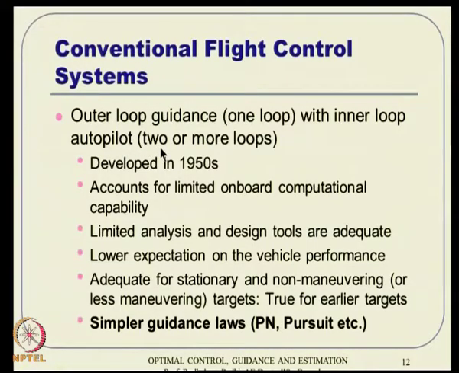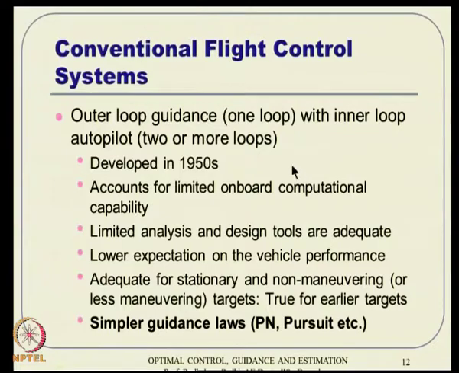Two loops means the guidance loop gives lateral acceleration commands, and then the inner loop autopilot first converts that to body rates, namely pitch and yaw rates, and that is one loop. Then it tries to track those pitch and yaw rates using control surface deflection. That is one more loop. So, minimum 2 loops are necessary in that.